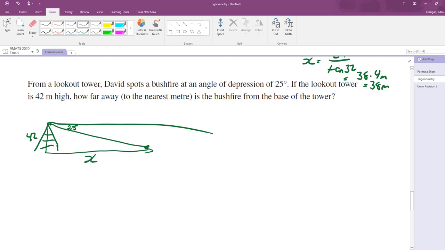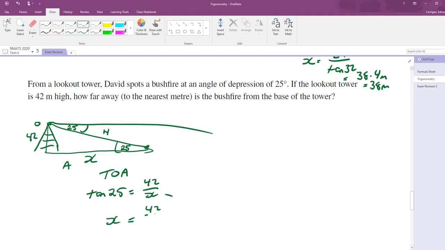This time around, once again, we're going to put our 25 down here because they are equal. Then we're going to set it up: this is our opposite, this is our adjacent, this is our hypotenuse. We're finding TOA, O and A. We've got tan 25 is equal to 42 on X. It's on the bottom, so we're going to divide.